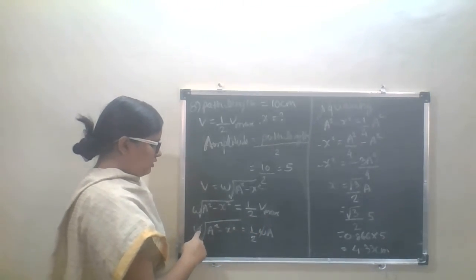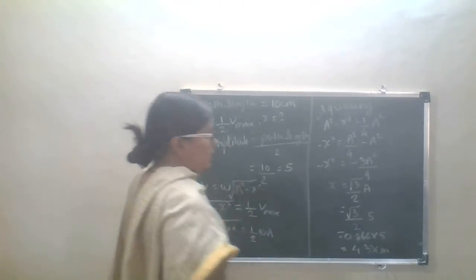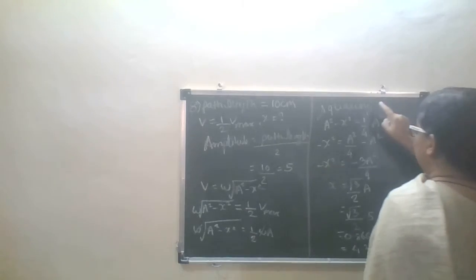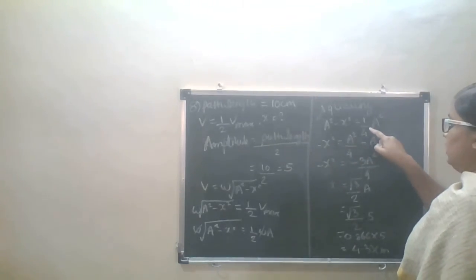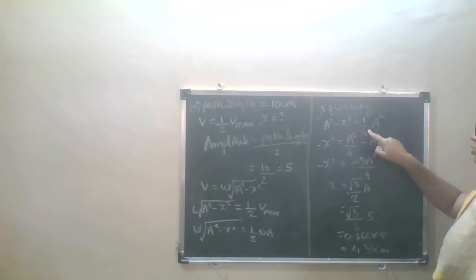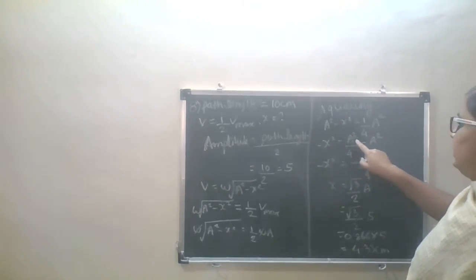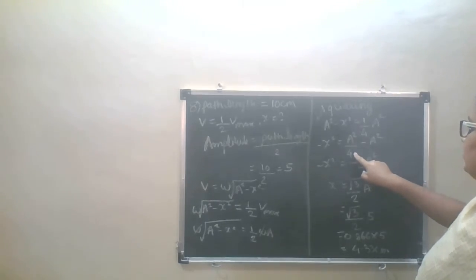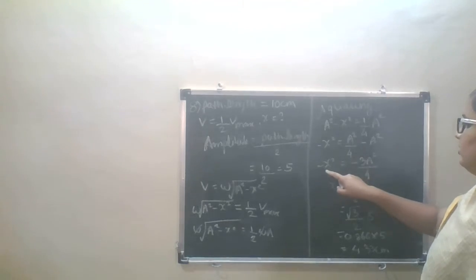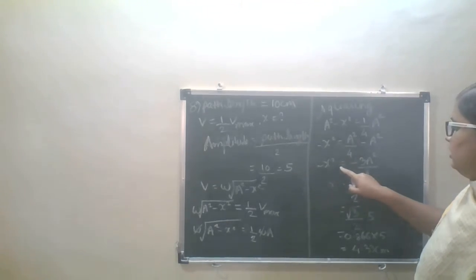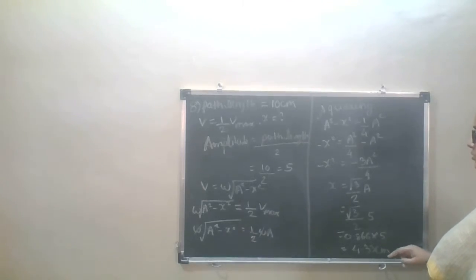Then this omega will be cancelled out, and then squaring, under root will not be there, and this will be 1 by 2 squared, which is a square by 4, and this a square will be here minus a square, and minus x square is equal to minus 3a square upon 4.